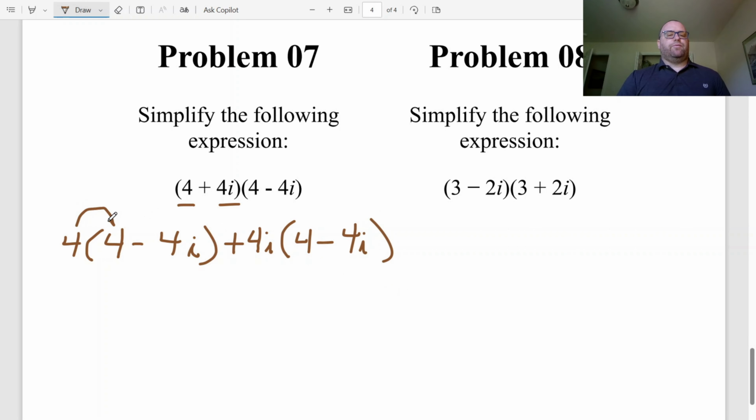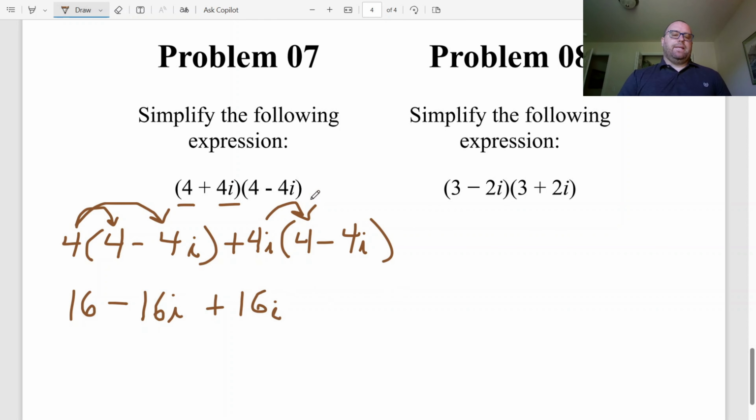And we'll use distribution, so we'll do 4 times 4, we get 16. Then 4 times 4i, we have a minus here, because the minus is here. 4 times 4i is 16i. And then we do 4i times 4, so that's plus 16i. And then we're going to do 4i, well, we have a minus, 4i times 4i is 16i squared.